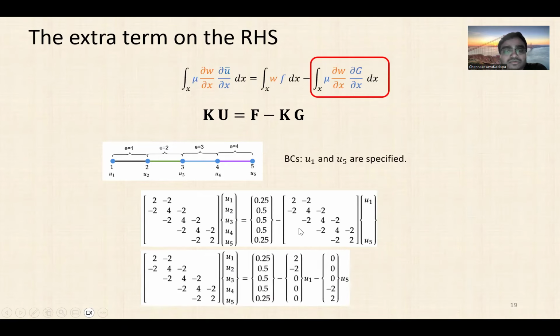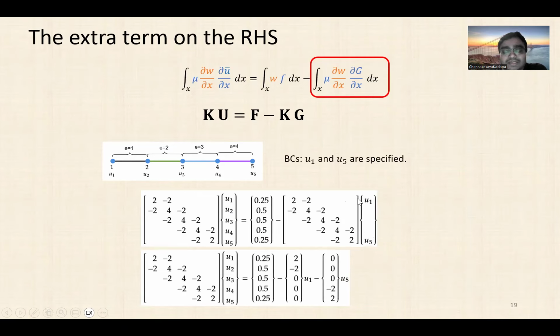So what do we do? We multiply the stiffness matrix with the known values of U1 and U5 and subtract that contribution from the global force vector. Since we have only two values, and in general only a few values, it becomes computationally inefficient to multiply the whole global stiffness matrix with the whole G vector.